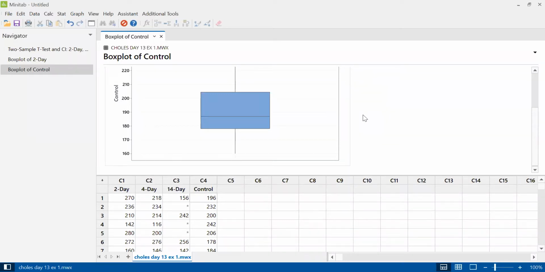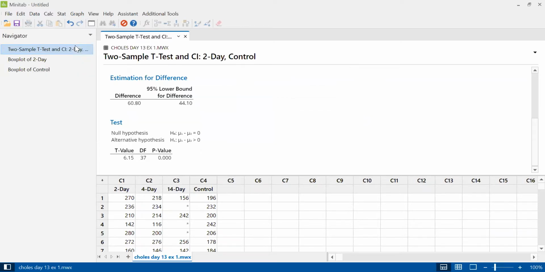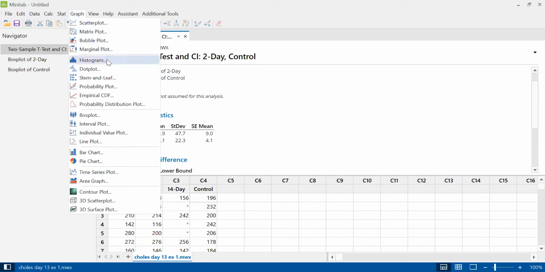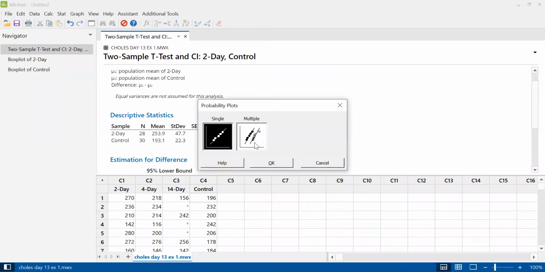So that's great. Now I want to take a look at my NPP specifically for, I believe it was the 2-day. Let's go look here. Yep, the 2-day. So when I'm looking at this, remember I'm going to go to graph and it's a probability plot. This is really good practice. It doesn't matter if you do it on both. I'm just going to do single because I'm just going to do one at a time.